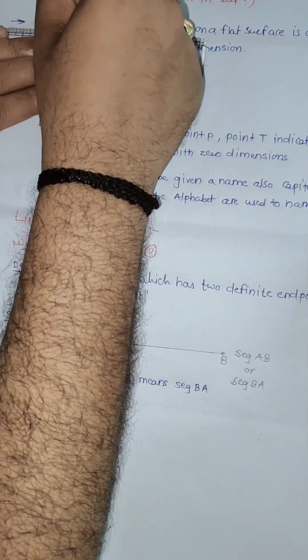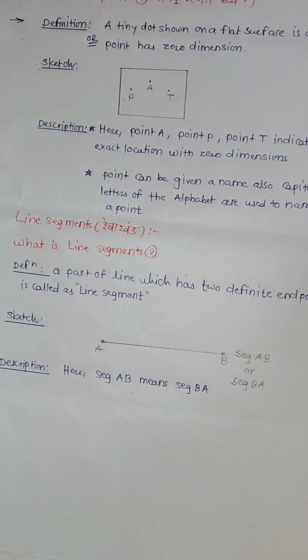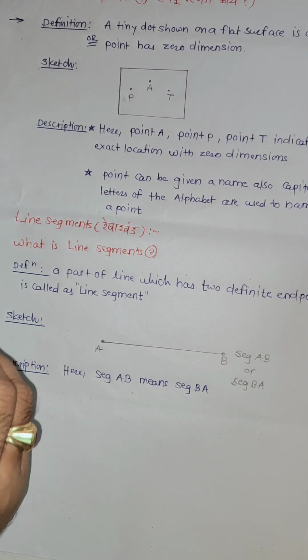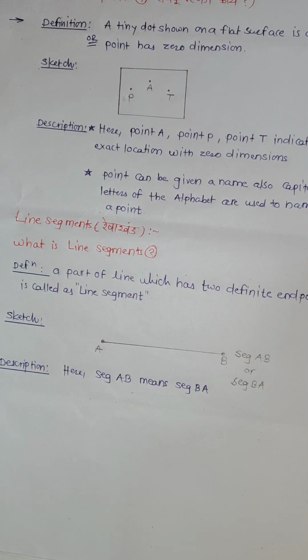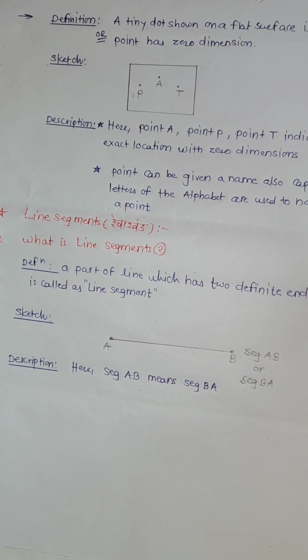In three parts, three important key points: the first is definition, the second is sketch, and the third is description. Clear?